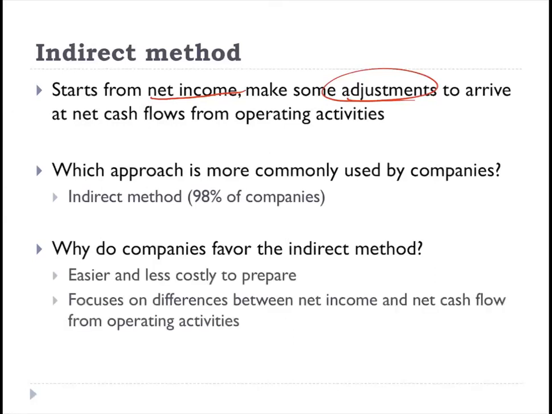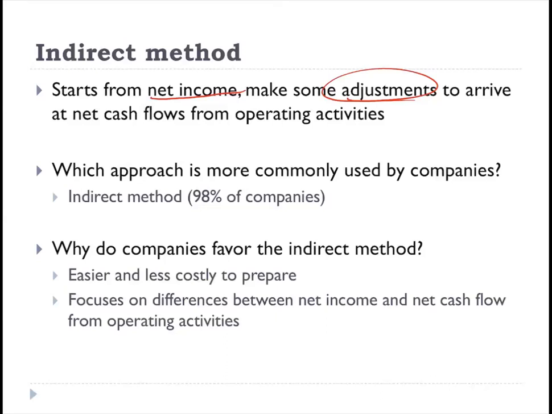It's mostly because the indirect method is actually easier and less costly to prepare. As we are going to show in a minute, if you have the firm's income statement, if you have the firm's balance sheet, and if you have a little bit of additional information, you can make a statement of cash flow. Versus if we are using the direct method, usually we need to look at the firm's cash account.